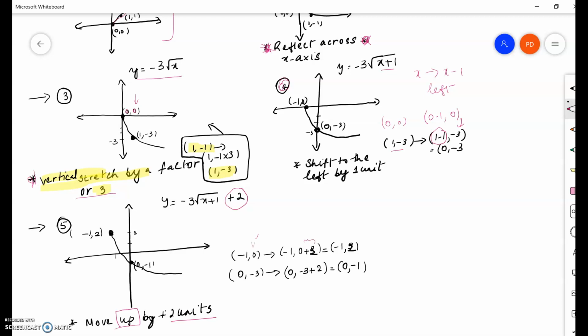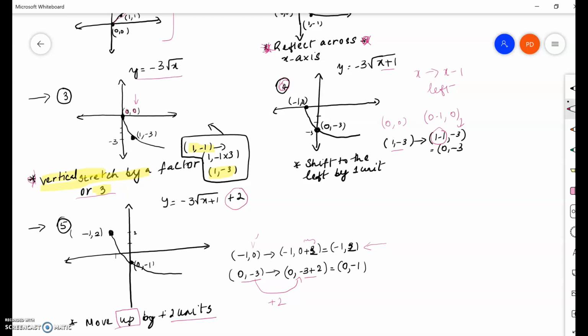We add 2 units to the y coordinate to get -1, 2. When we shift the graph up, the x remains the same, the y increases by 2 units. Same thing here, 0, -3: we add 2 to the y coordinate to get 0, -1. We plot the points.